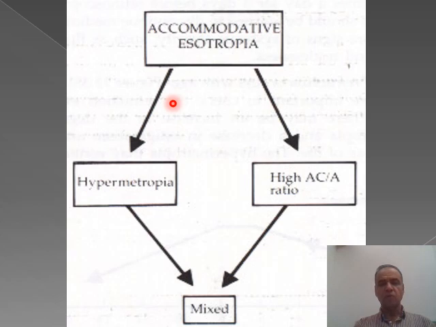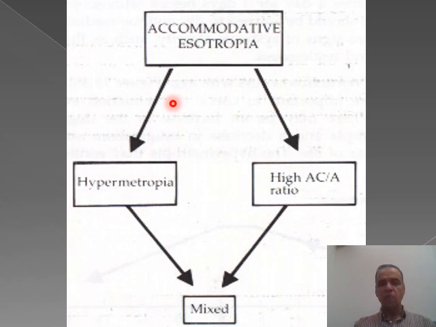For example, during reading, we have three synkinetic movements, which are accommodation by contraction of the ciliary muscles, miosis of the pupils due to contraction of the circular smooth muscle of the pupil, and contraction of both medial recti muscles to induce convergence.